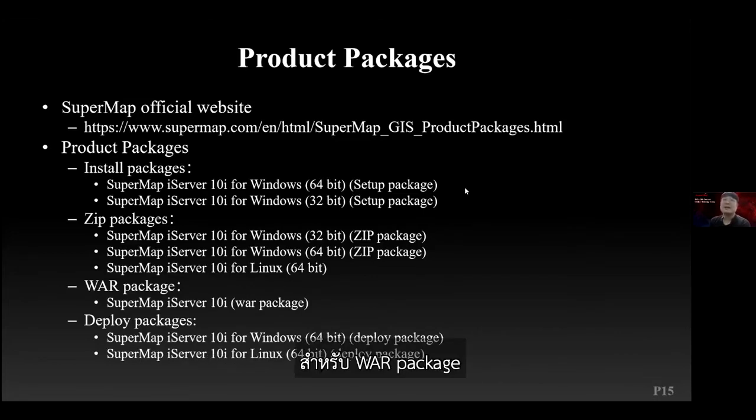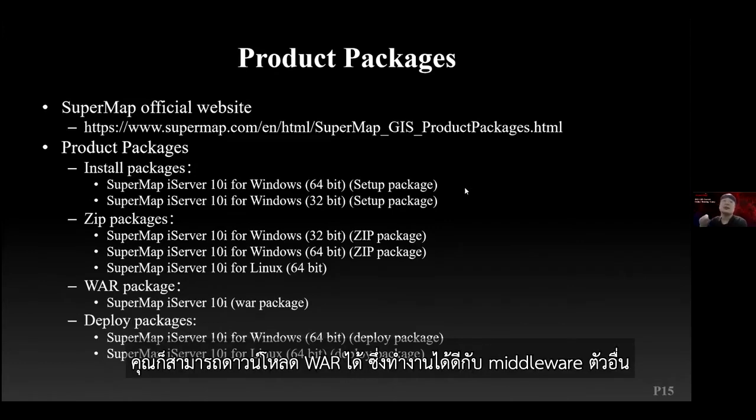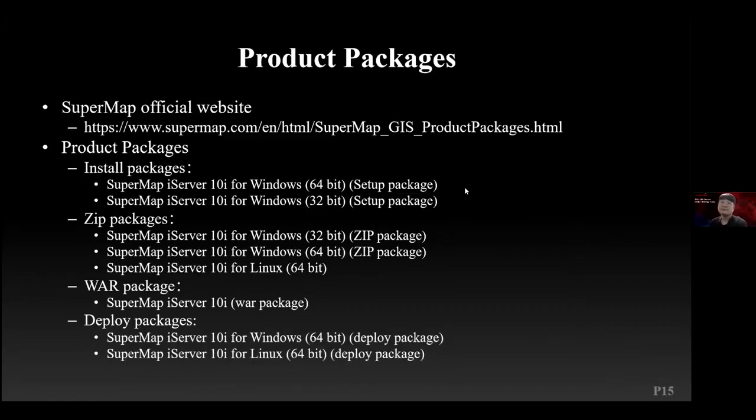And for others like the WAR package, because iServer is an application based on Tomcat, and Tomcat is a very popular middleware. But if you don't want to use Tomcat and want to use some other middleware, you can download the WAR package and it can work well with other middleware.